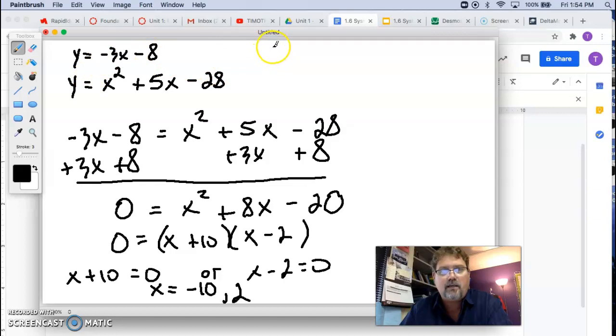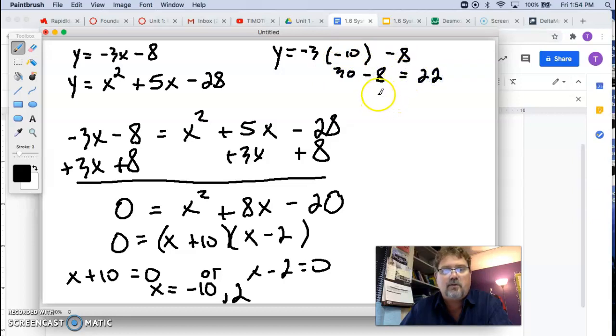So I'm going to say y equals negative 3 times negative 10 minus 8. So I get 30 minus 8, which is 22. So one of my ordered pairs is negative 10, 22. That's a solution. All right, the other one, I need to plug that 2 in.